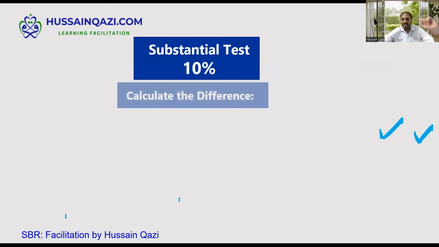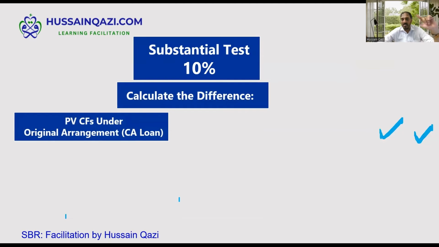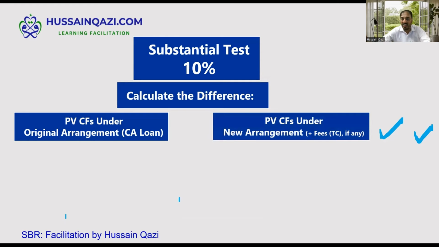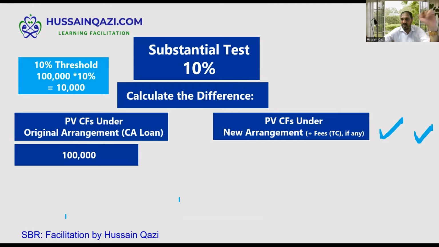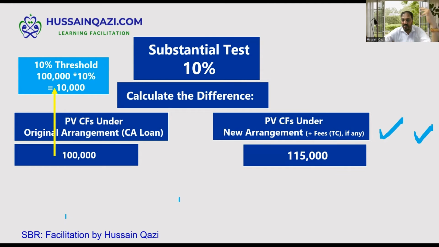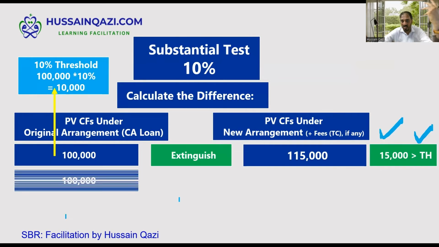And what is the substantial test? Calculate the difference between the original loan amortized cost at the modification date and the present value of cash flow under the new arrangement. For example, 100,000, and calculate the threshold, compare with 115,000. If the difference is more than the threshold, that's called extinguish.